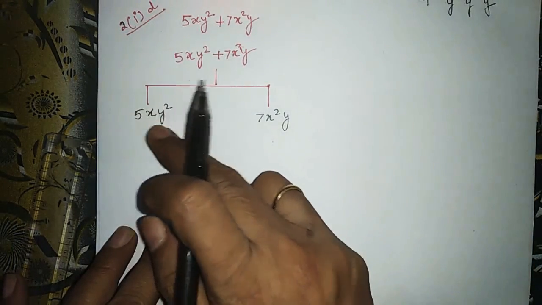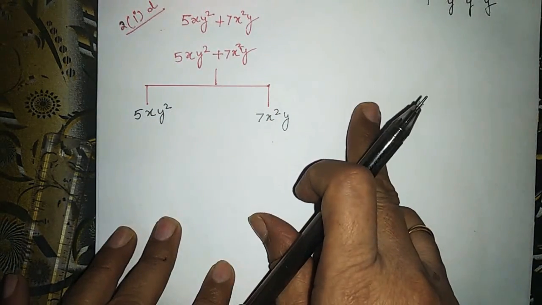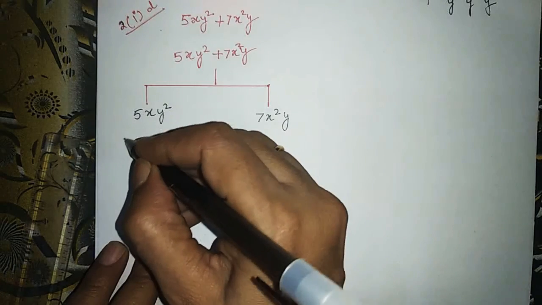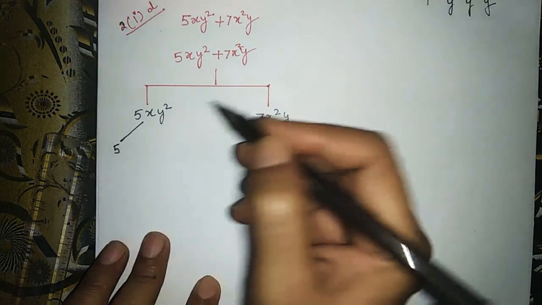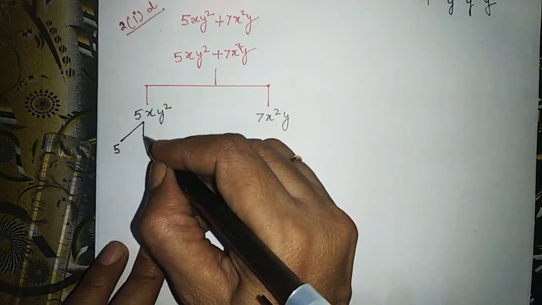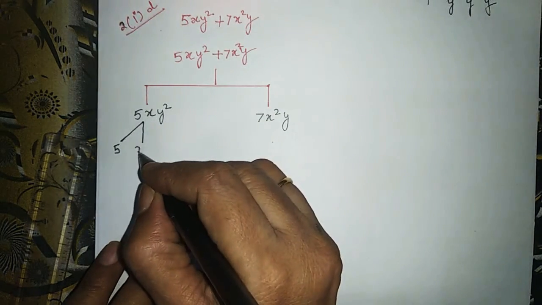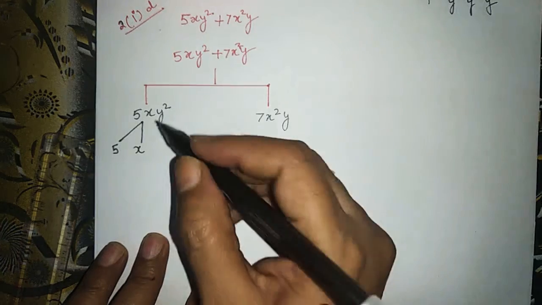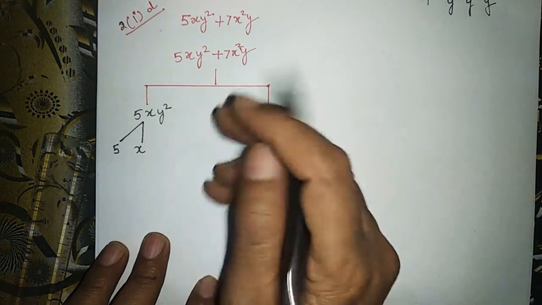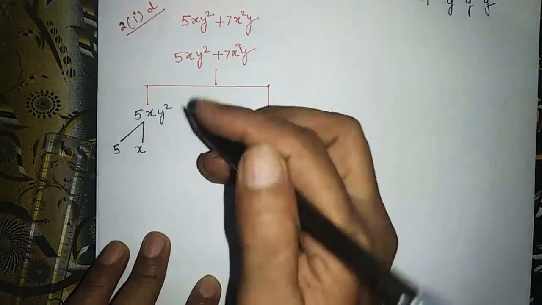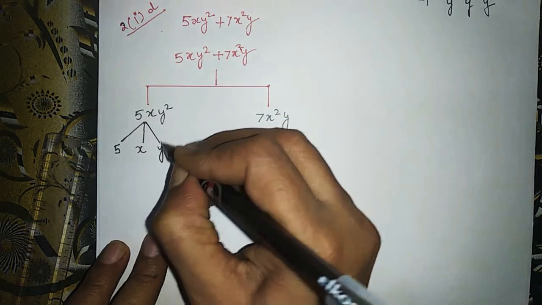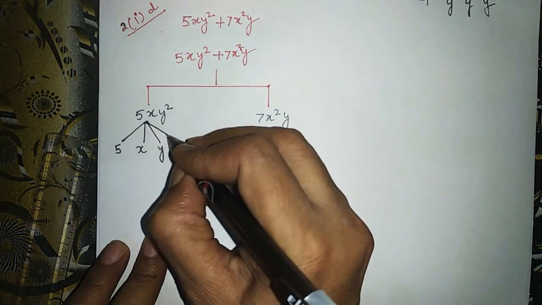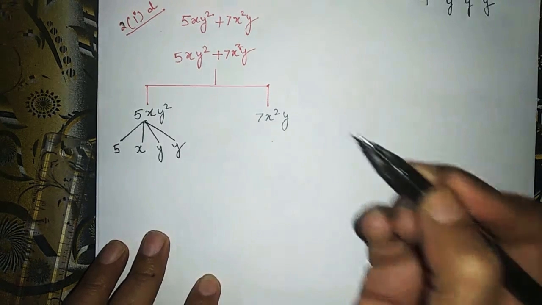Now we will write factors of these both. We will write first 5. Here only 1 x, so here x only we will write. Here y square we can see, so for y square we will write y and one more y.